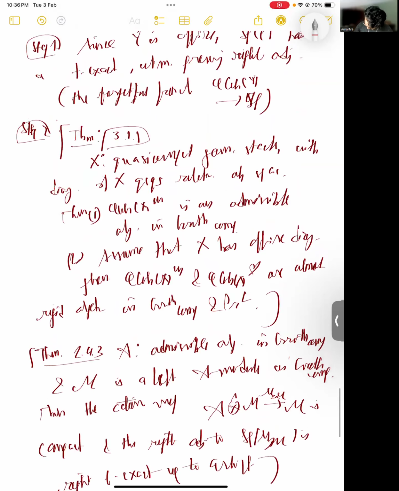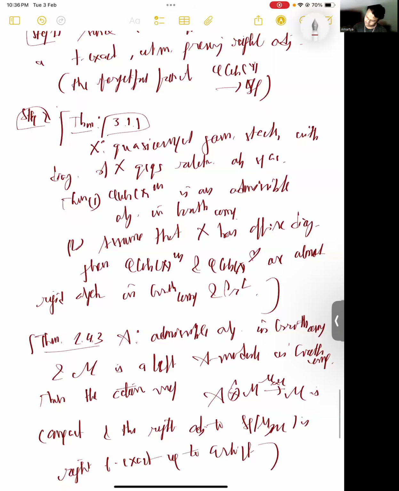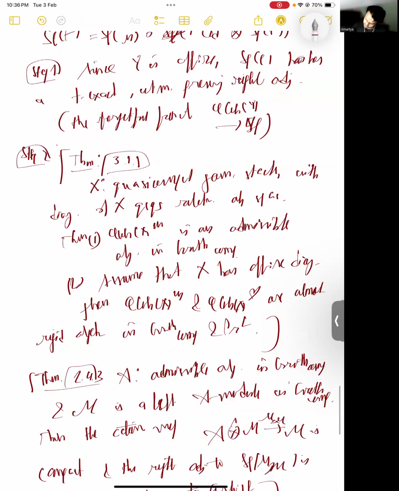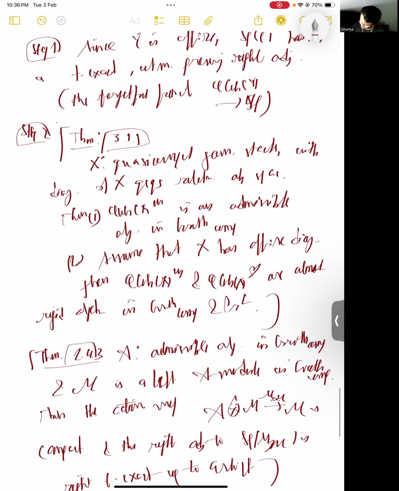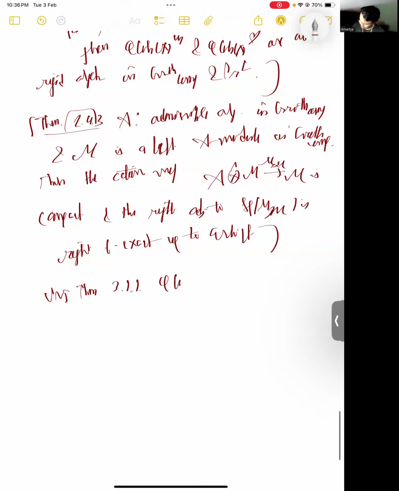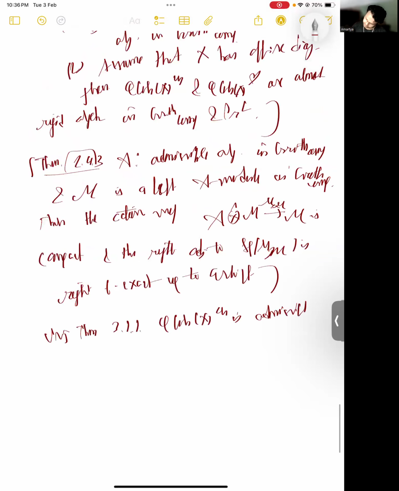So this is step two. Remember, step one has been done, and now using theorem 3.1.1 it follows that Q co X is visible, as you can see, right?